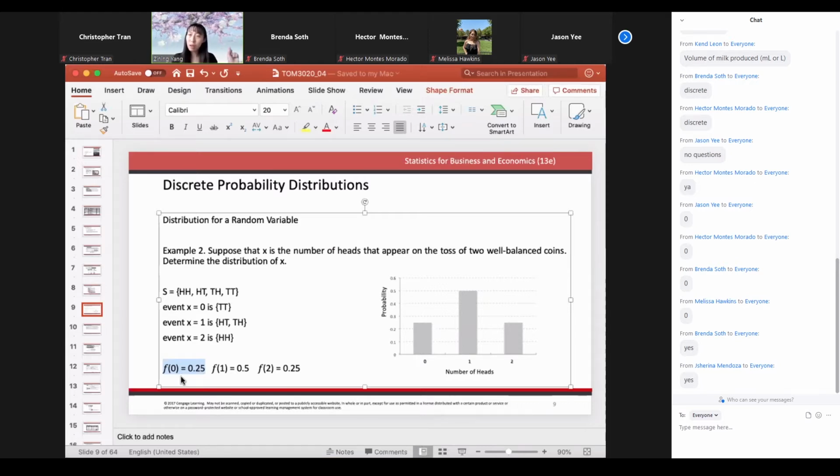This means the probability of x equals 0 is 0.25. They just write f of 0. Similarly, when x equals 1 it is 2 out of 4, which is a probability of 0.5. And when x equals 2, we have a frequency of 1 out of a total of 4, a probability of 0.25. So in this distribution, we see 0, 1, and 2 with probabilities of 0.25, 0.5, and 0.25.